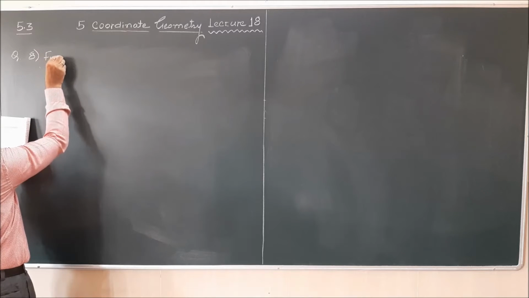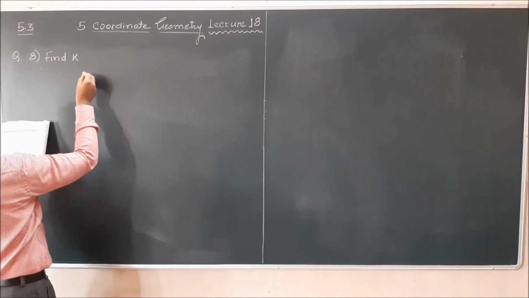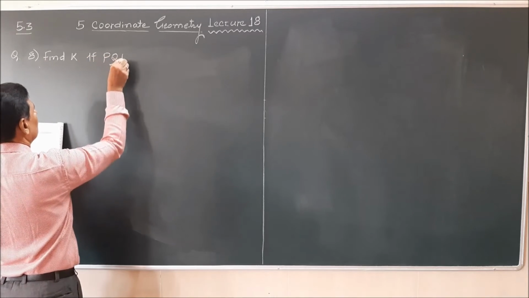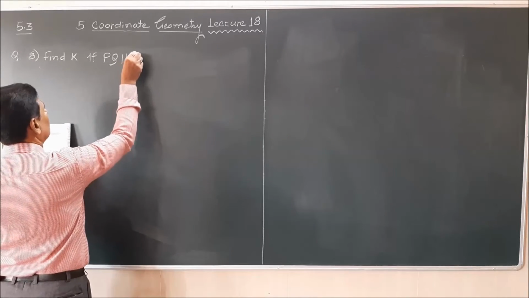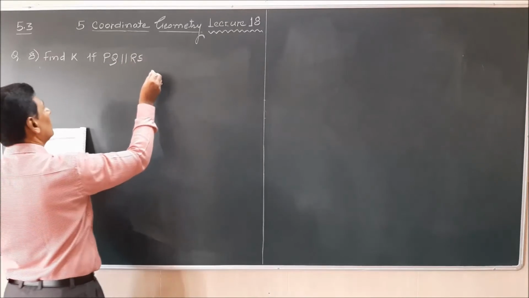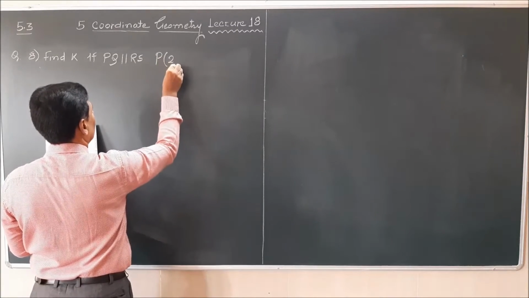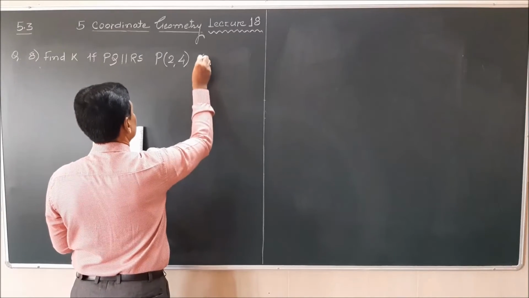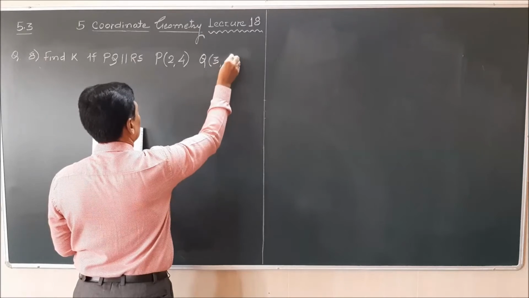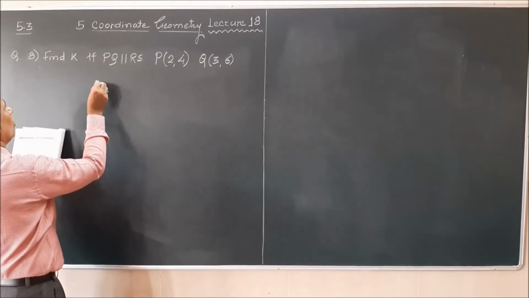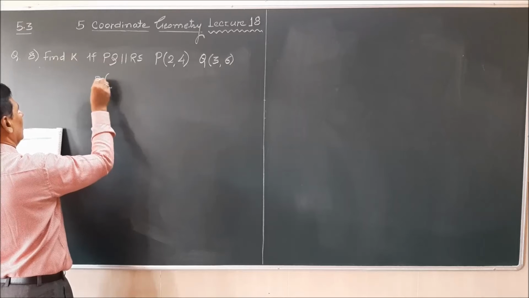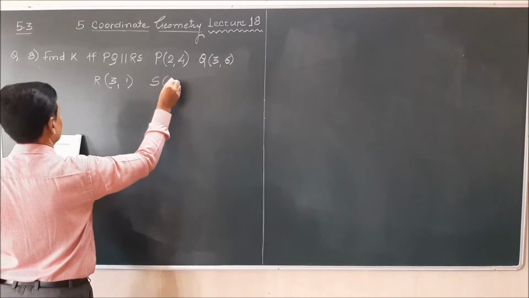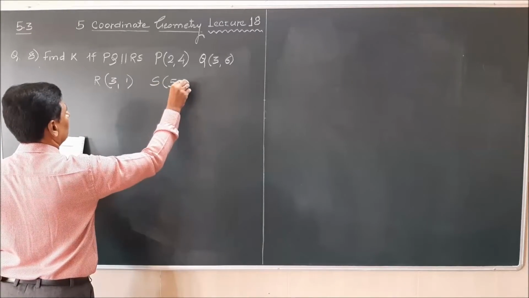Find k. Question is find k, if PQ is parallel to RS, while coordinates of P are 2, 4, coordinates of Q are 3, 6, coordinates of R are 3, 1, and coordinates of S are 5, k.